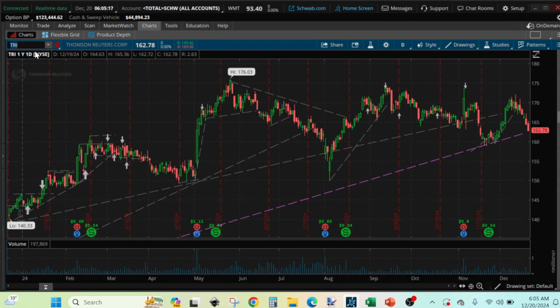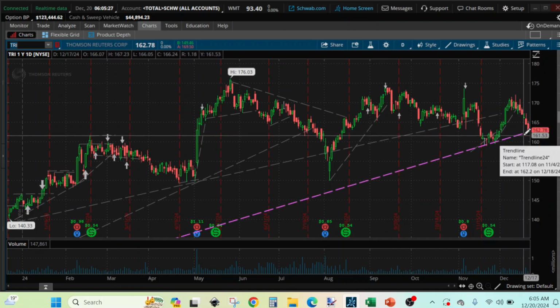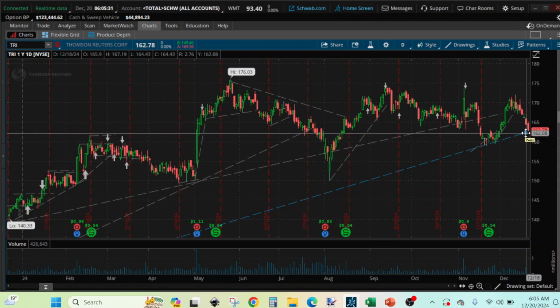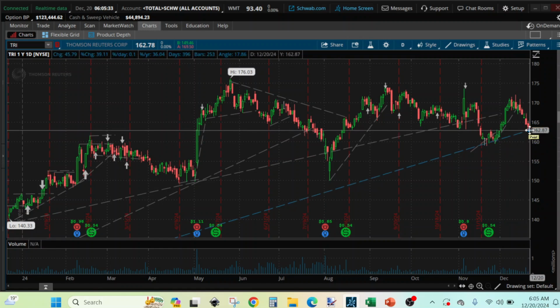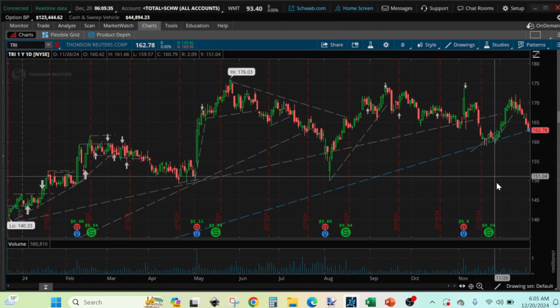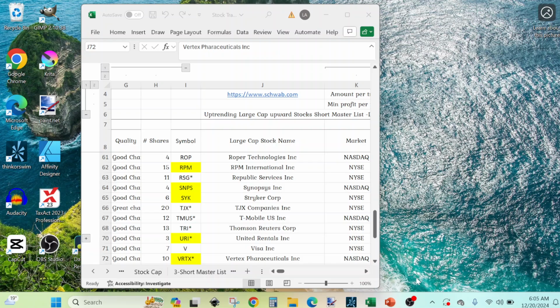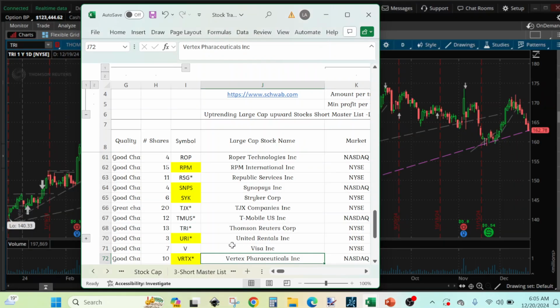TRI is quite wide. That is the line we like to buy at. It's getting close to it. If anything, it touches it, but it needs to follow that trend line before we get in.